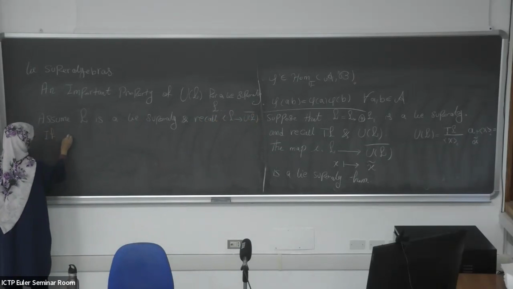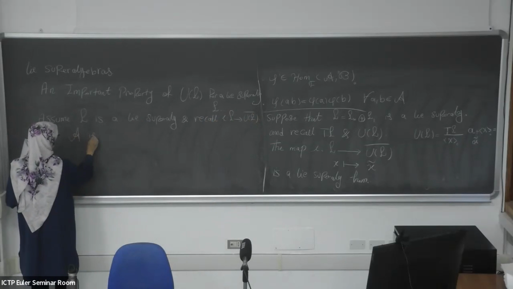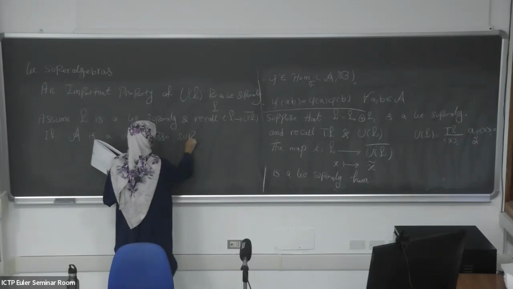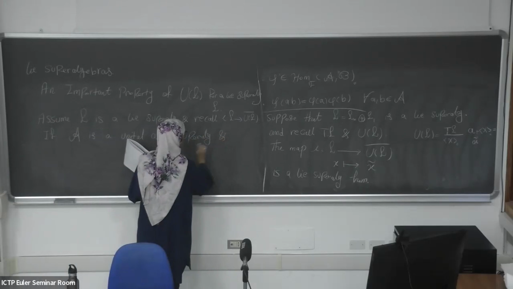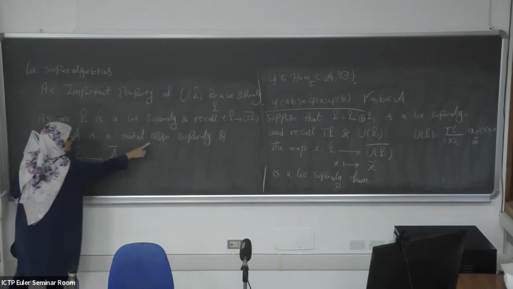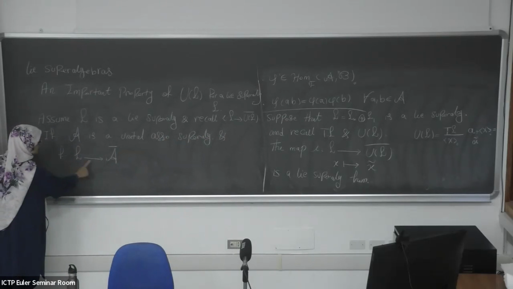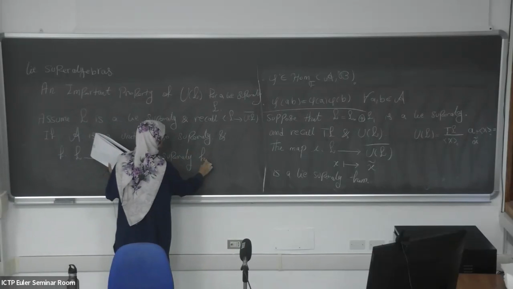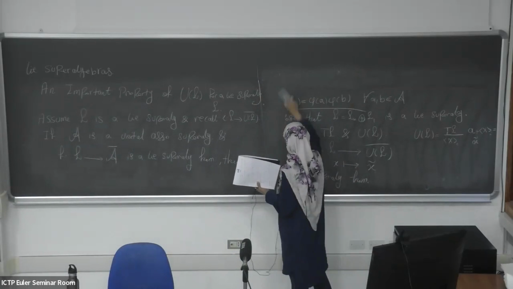If A is a unital associative superalgebra and f from L to A bar, where A is an associative superalgebra but A bar is a Lie superalgebra, is a Lie superalgebra homomorphism, then let's draw a diagram.